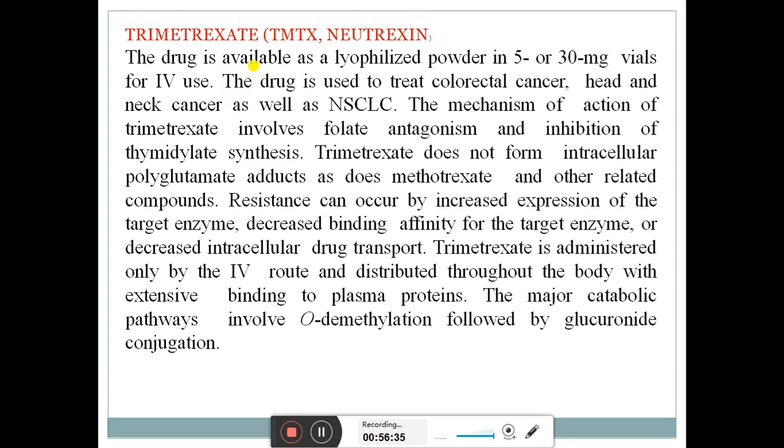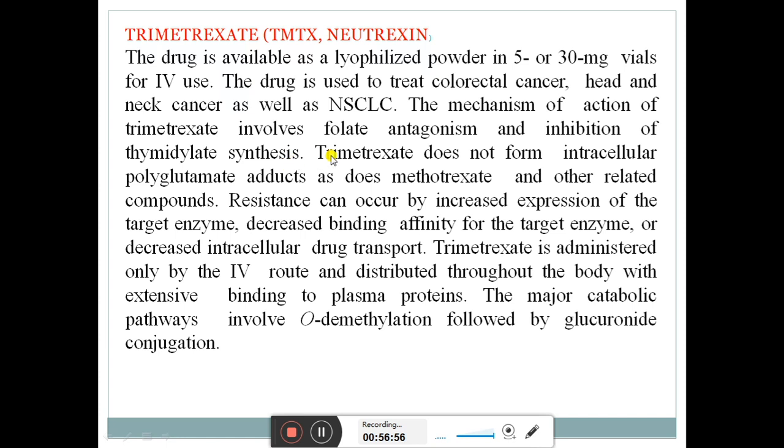The mechanism of action of this drug is folate antagonism as well as inhibition of thymidylate synthetase. Trimetrexate does not form intracellular polyglutamate adducts as methotrexate does.